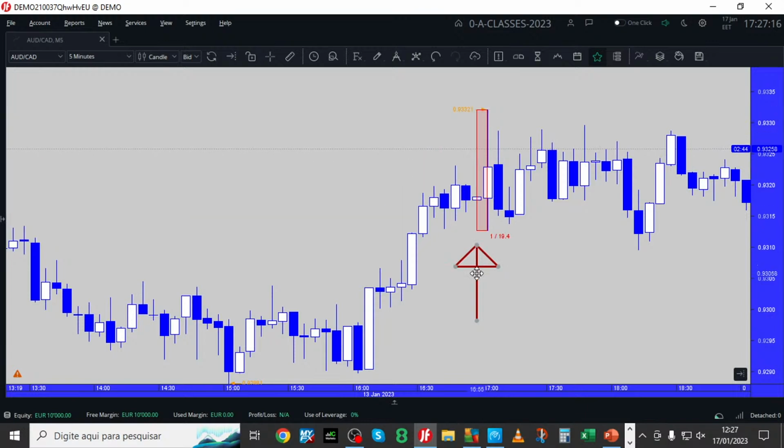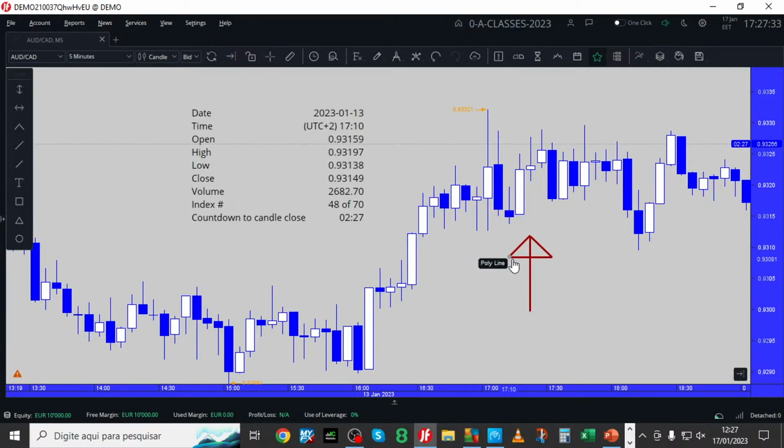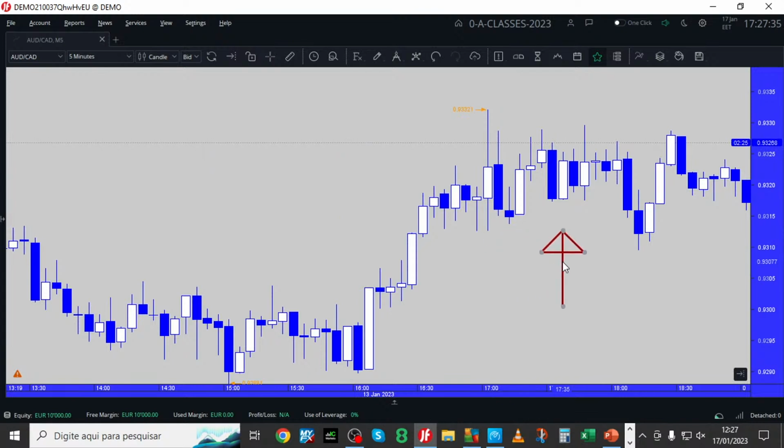It doesn't really matter where you are going to put the low, on the left candle or the right candle, because the low is the same. So the level of the low is the same, and then those two blue candles become the two candles on the right, and those two candles, let's put a rectangle in here.